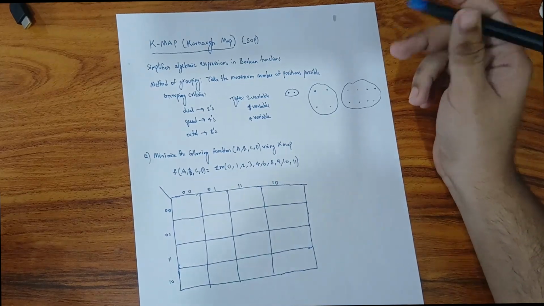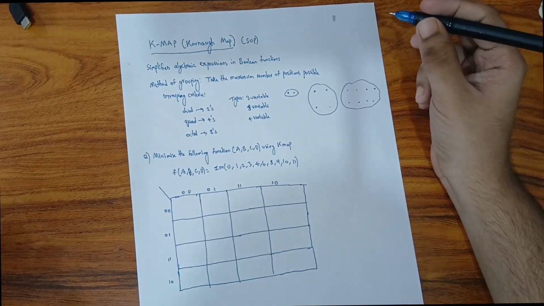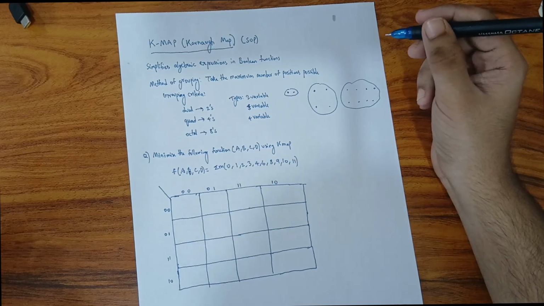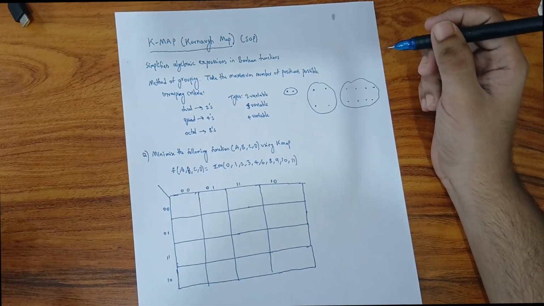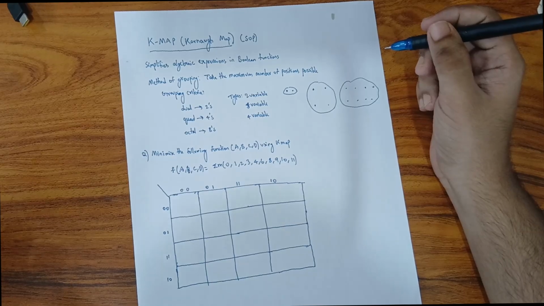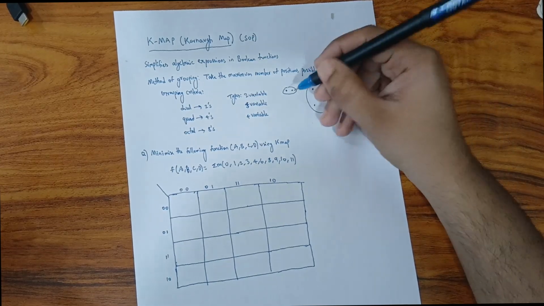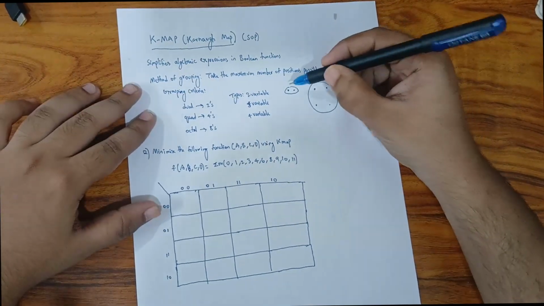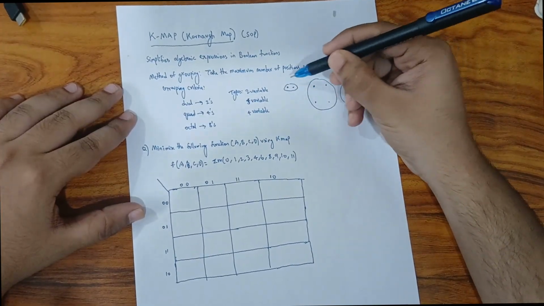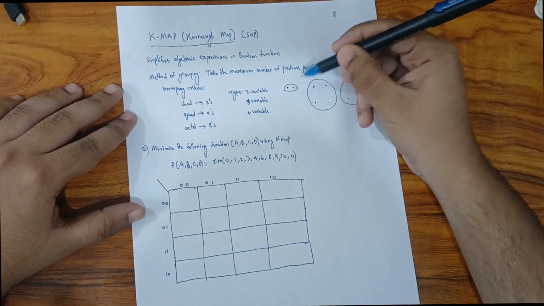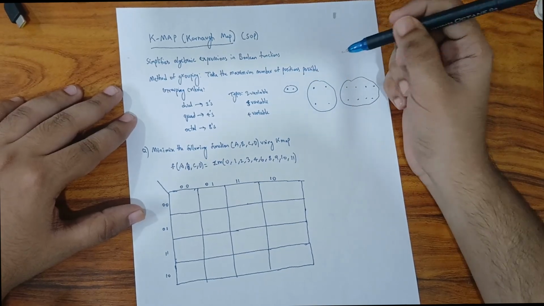In this Karnaugh map, we form some kind of groups with the given minterms, which is exactly what we'll be doing now. For the grouping, we have a certain set of criteria. We consider duals, or in simple terms, we round off two ones or zeros which are next to each other.